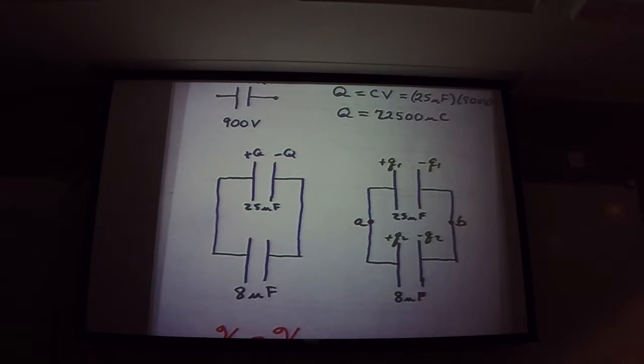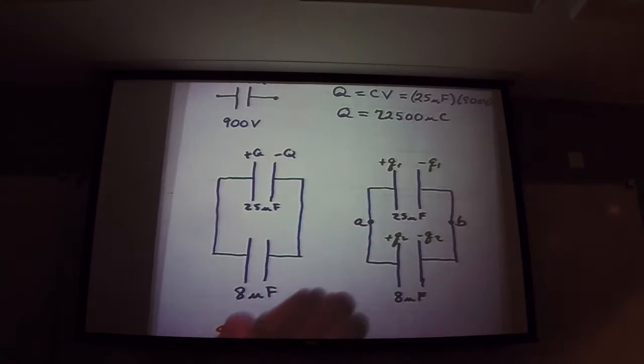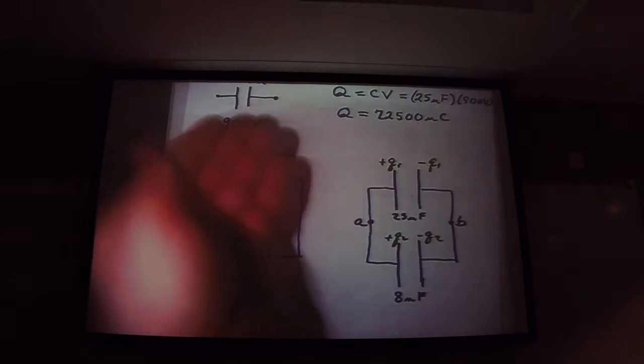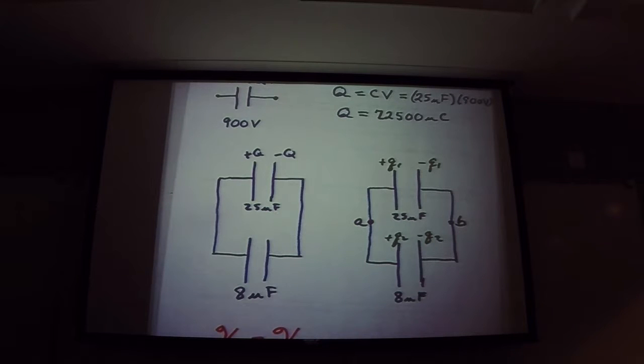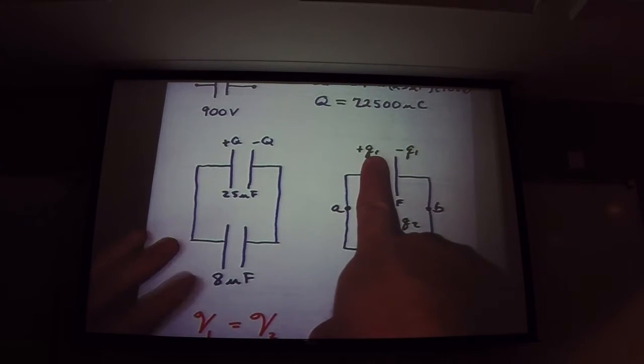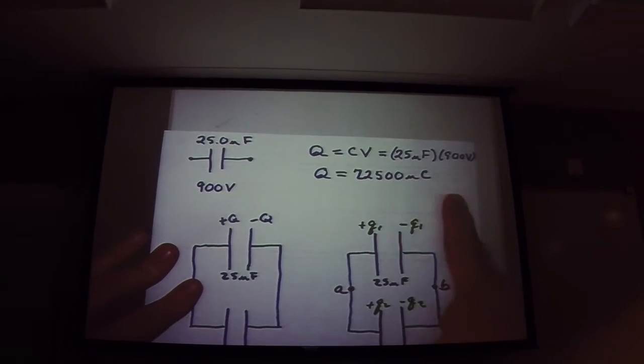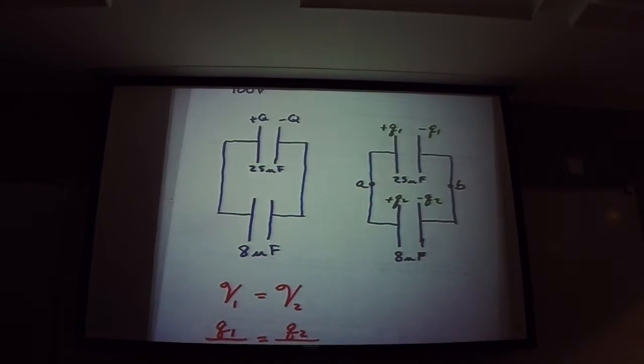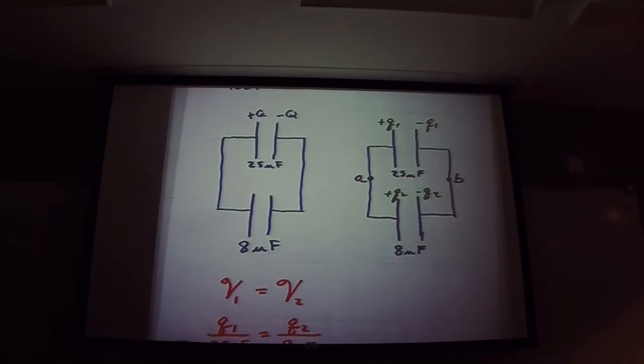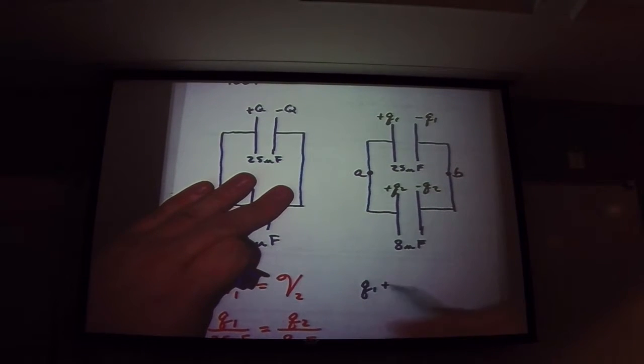Once you disconnect the capacitor from a battery, no more charge can go there. So this charge can redistribute, but you can't add any or take any off. So the charge on Q1 plus the charge on Q2 has to be 22,500 microcoulombs. So Q1 plus Q2 must equal 22,500 microcoulombs.